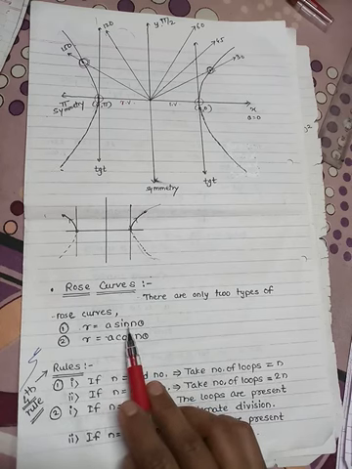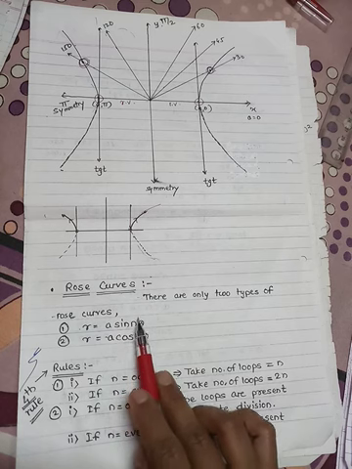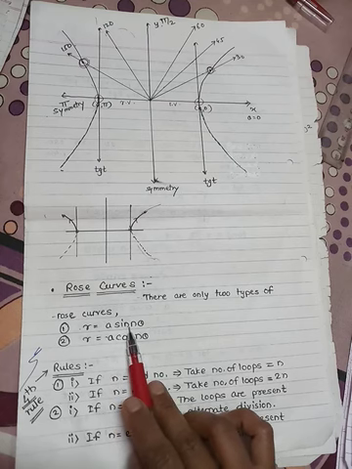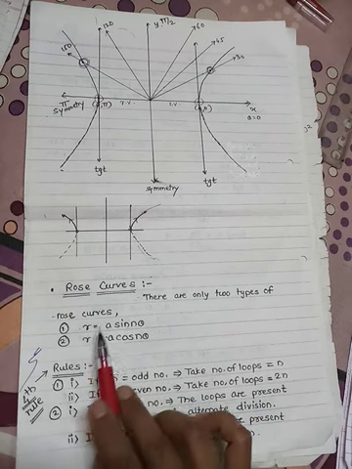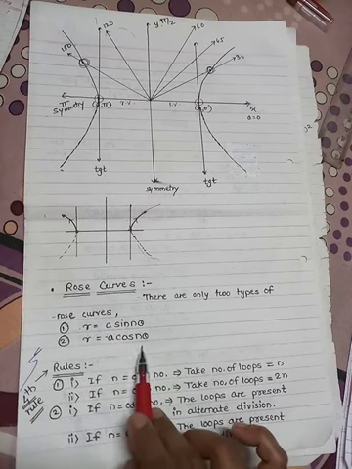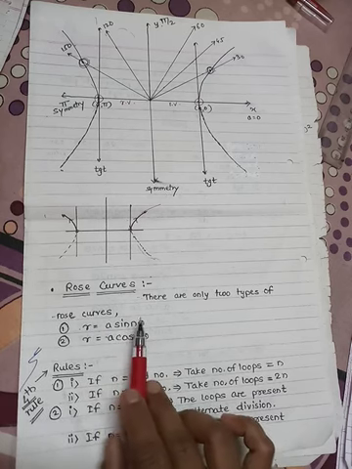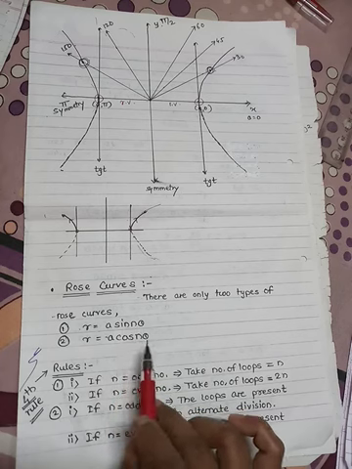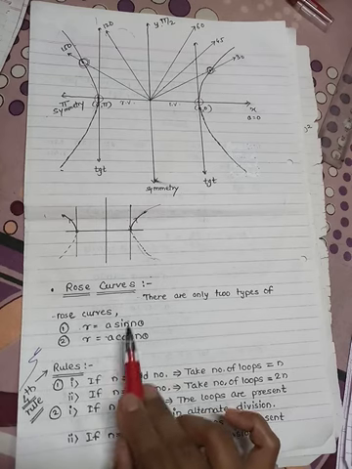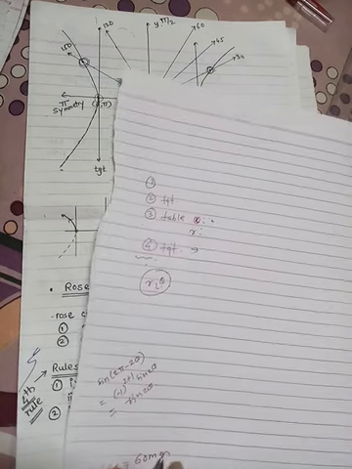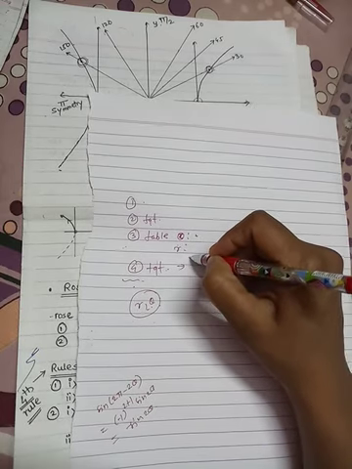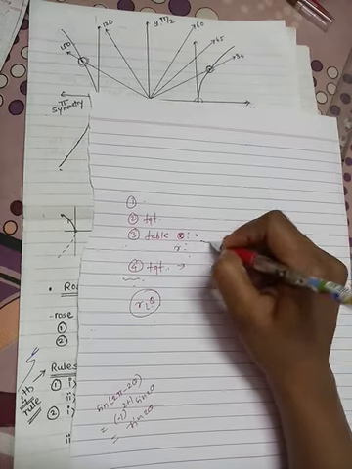For example, a sin 2 theta, a sin 3 theta, 4 theta, etc. And the next rose curve is r equal to a cos n theta, that is cos 2 theta, cos 3 theta, cos 4 theta, etc. So in the exam, if we have this type of equations, we are not going to draw them by using these conditions.